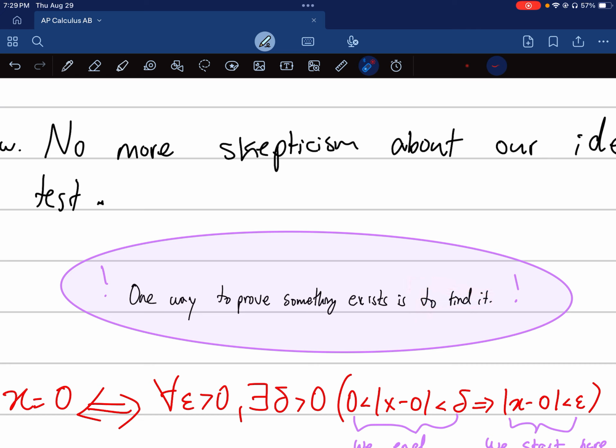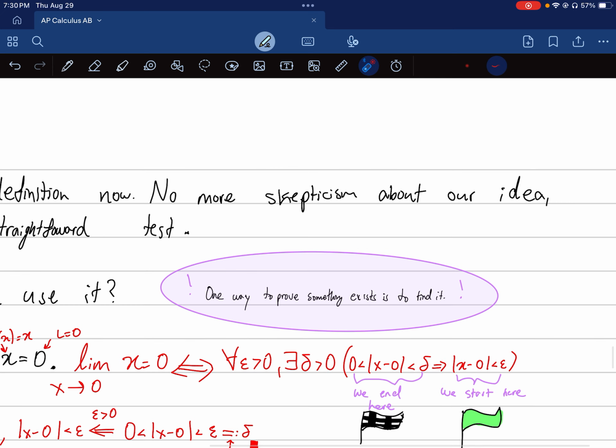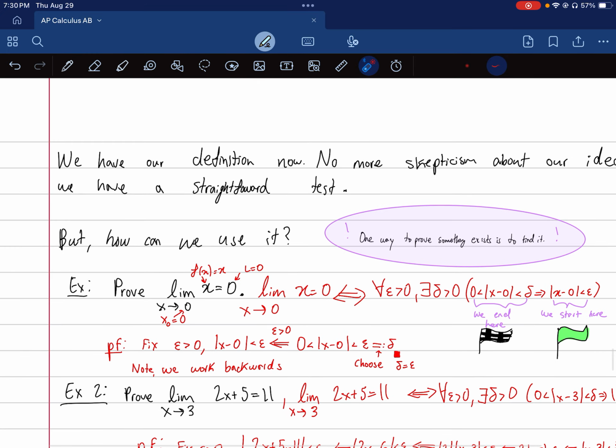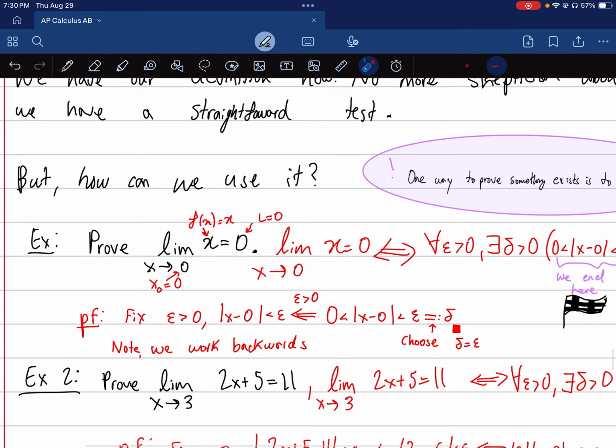If I want to prove that there is a Burger King in the next mile radius, then I can find that Burger King, and that proves its existence. Or for anything, if I find it, then that proves its existence. So in this case, we're going to find delta in terms of epsilon.